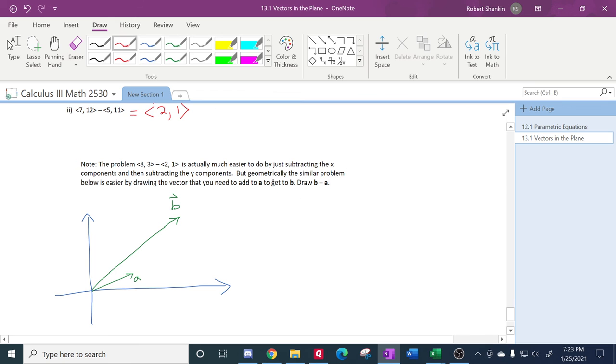All right, so this vector B minus A, we always are final position minus initial position. We start at the tip of A. Now we also are going to look at it now. B minus A, we'll look at it. What do I need to add to A to get to B? I need to add this vector right up here.